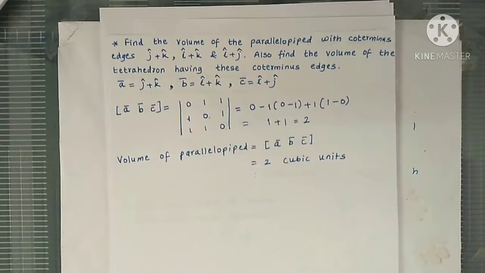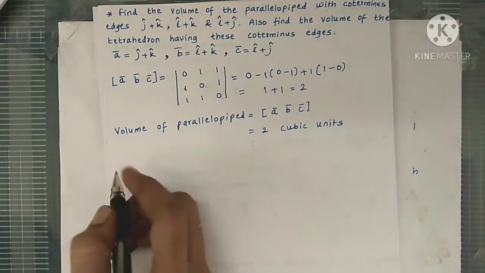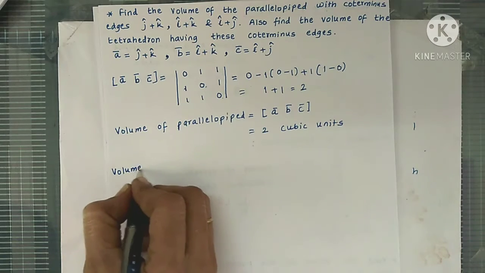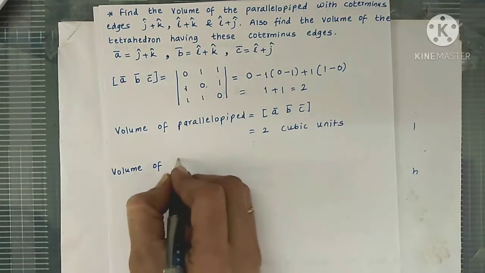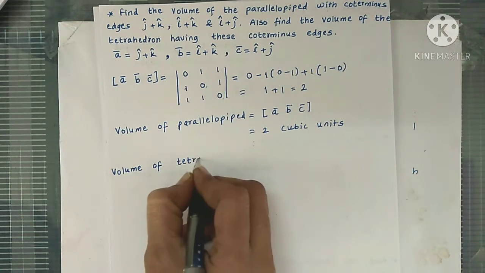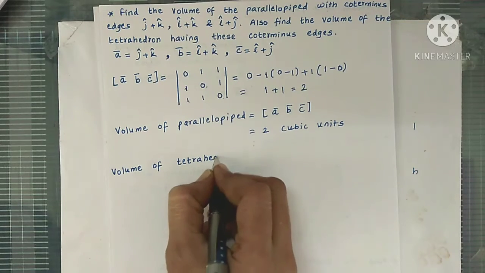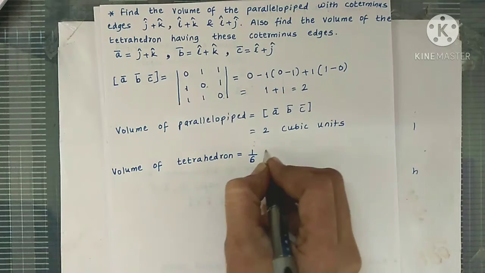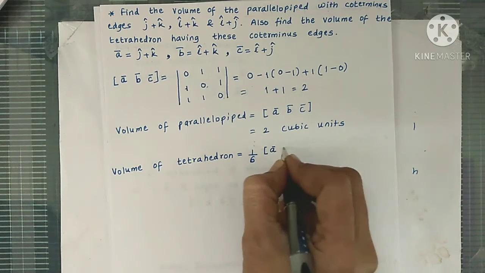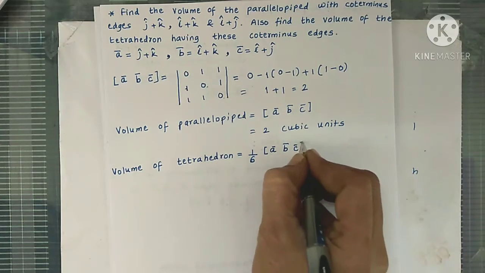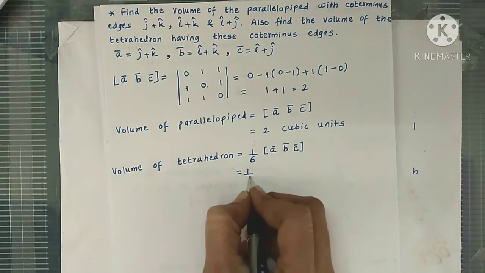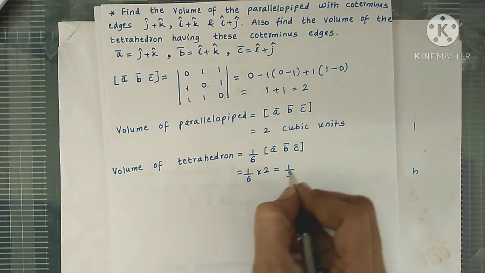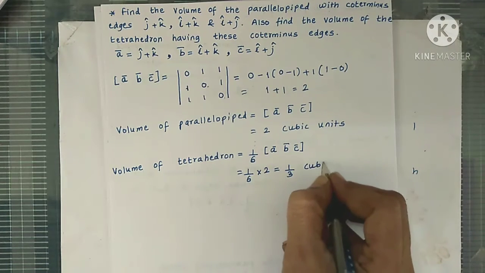The volume of the corresponding tetrahedron is 1 by 6 multiplied by the scalar triple product [a bar, b bar, c bar]. So it is 1 by 6 into 2, that is 1 by 3 cubic units.